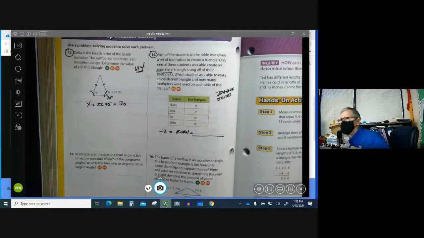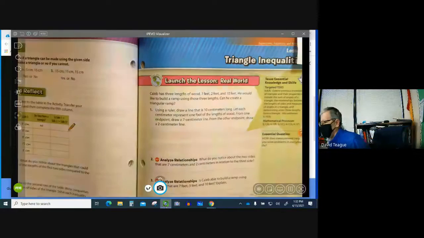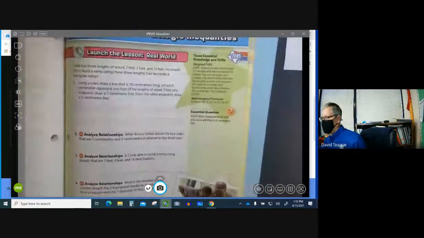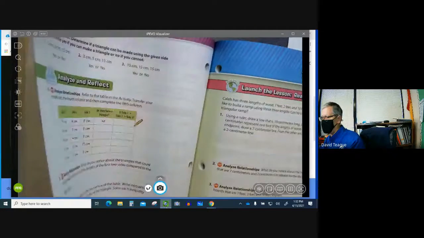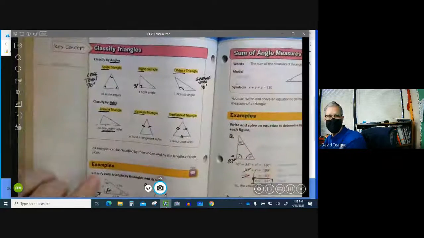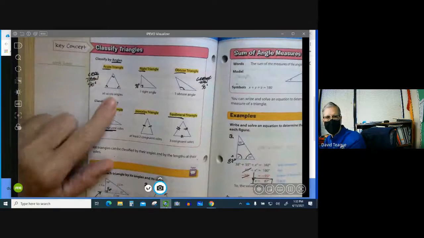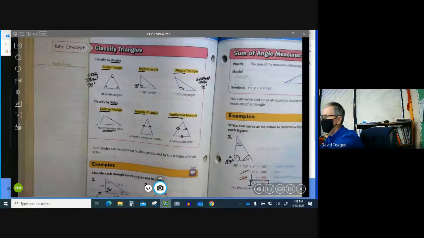Okay, so page 703 in your math book, right? We've been talking about how we classify triangles, with the angle and then the side. So you look at the angles and you look at the sides, that's how you classify it.